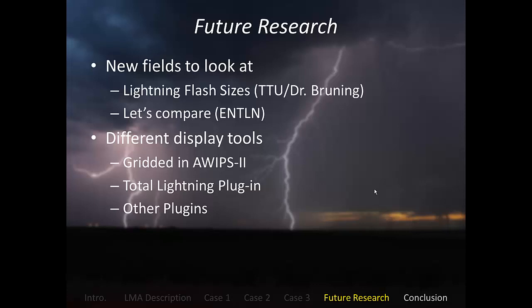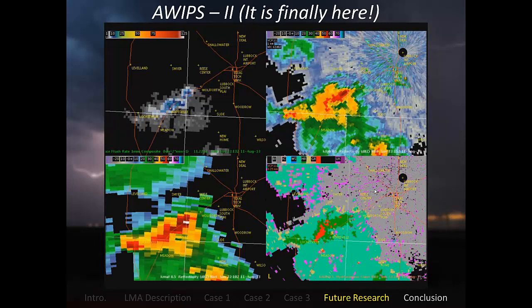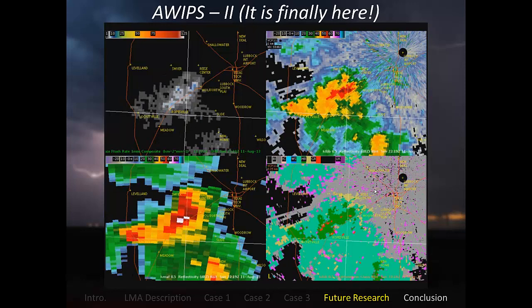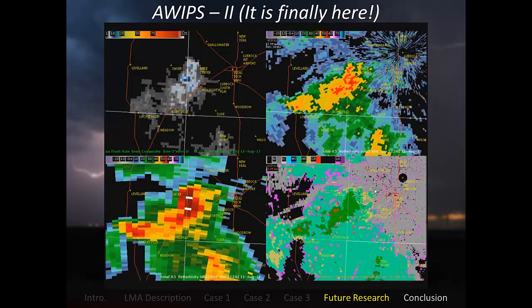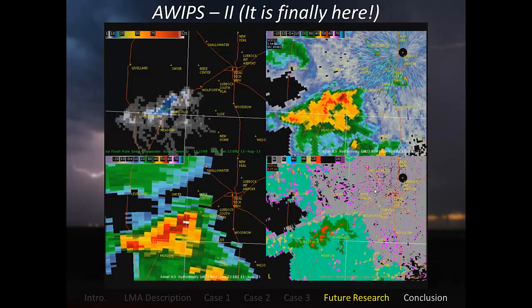We're also going to be looking at some different display tools. We're getting our gridded data now in AWIPS-II. You will be hearing more about the Total Lightning plugin that is being developed. I'm on the team that's working on this, and there are some other plugins that we've been using for research that we may be able to take in. So like I said, we've got our AWIPS-II installed, and it's working great, and now we're able to get our LMA data in. What you're looking at here in the top left is the flash density.